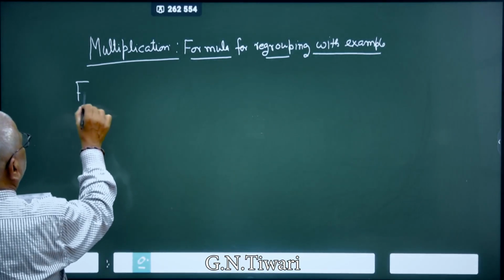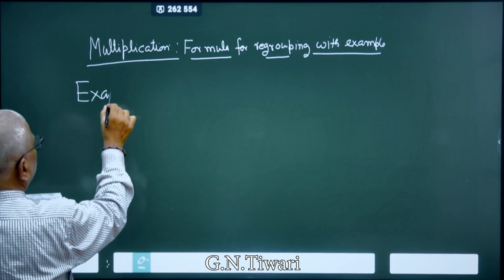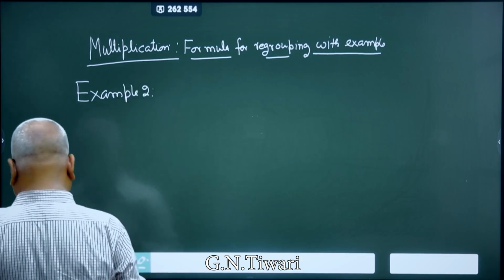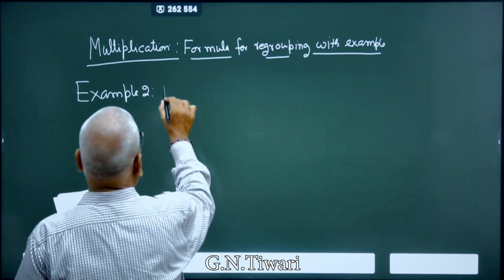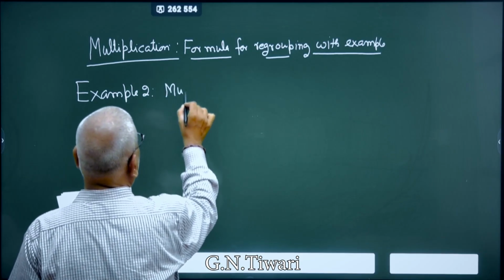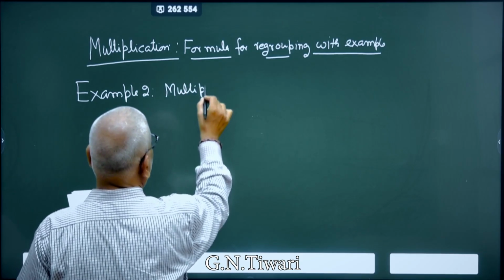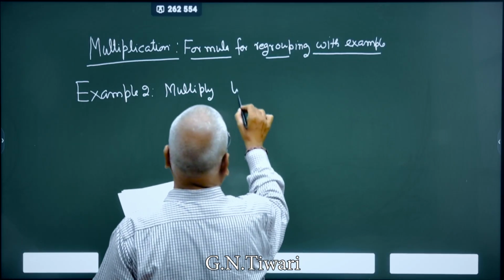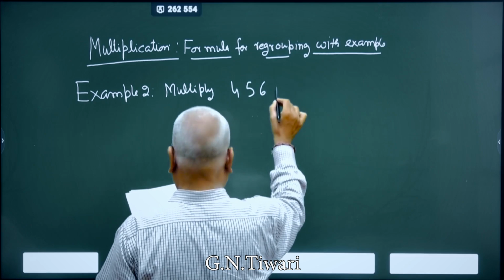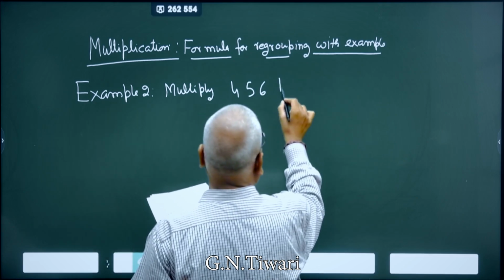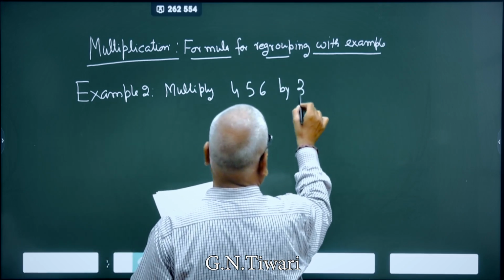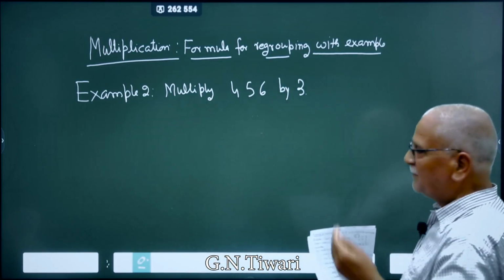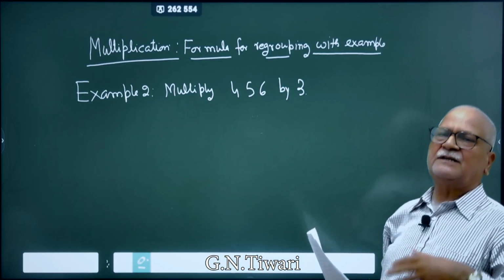Example 2. Multiply 456 by 3. Here I am taking one digit, so it is better for me to define the regrouping method.